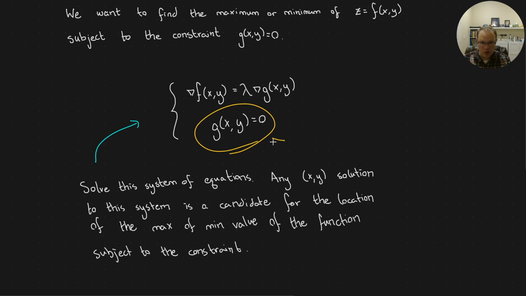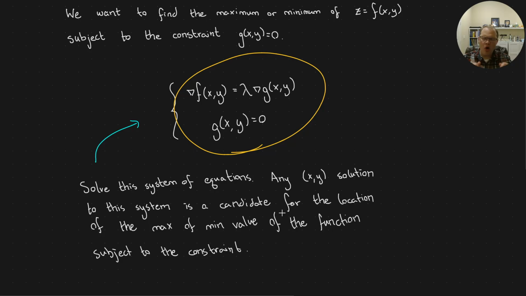And we want to make sure we're focused on the particular constraint we are interested in. Okay? So this tells us all the places on this constraint where the constraint curve and the level curves of our function that we're trying to maximize or minimize are tangent to each other.